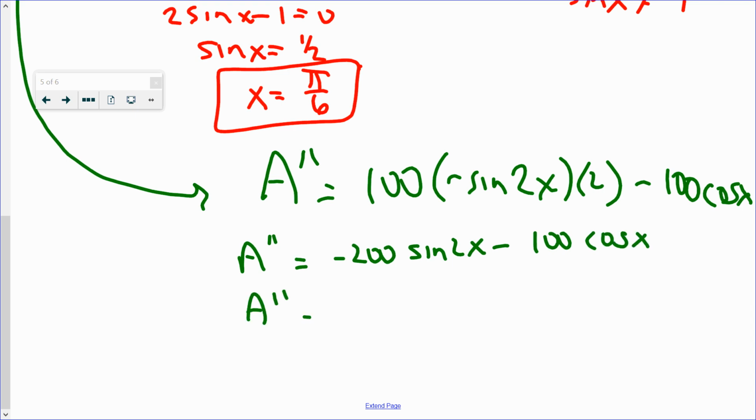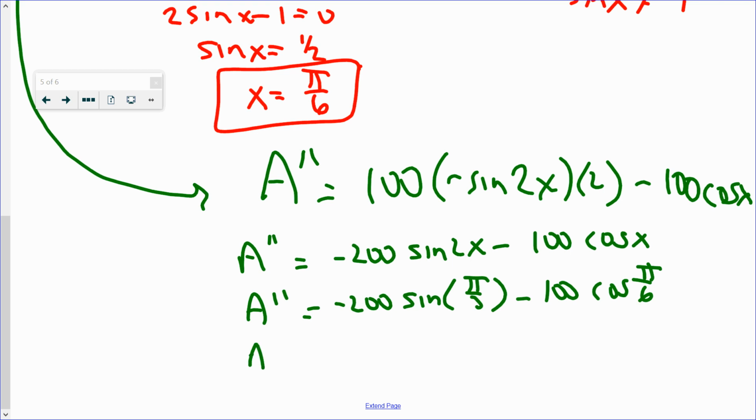So this is going to be -200 times sine of 2 times pi over 6, which is pi over 3, minus 100 times cosine of pi over 6. We just want to know, is this positive or is this negative?